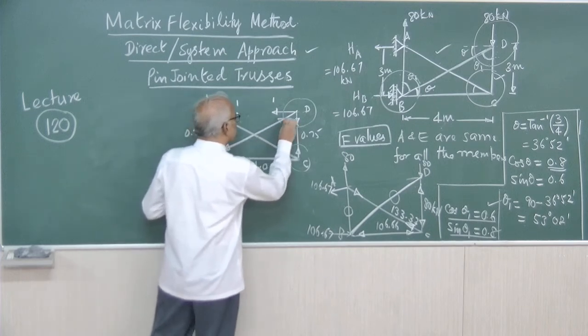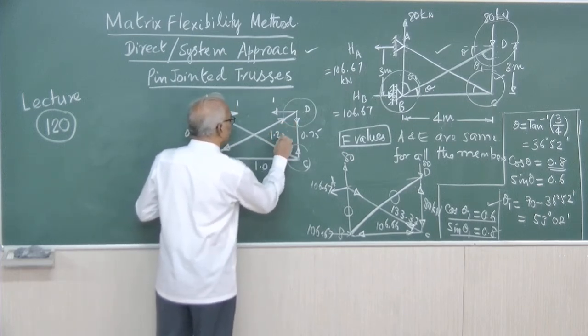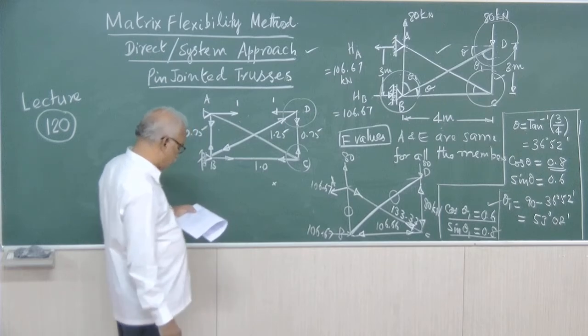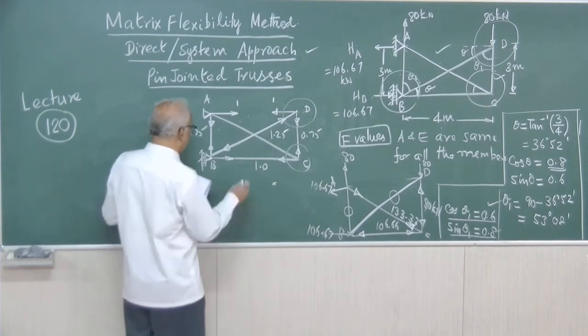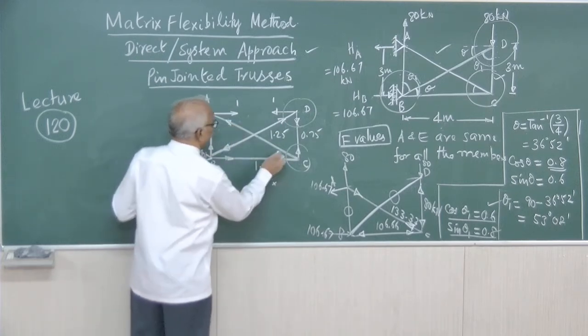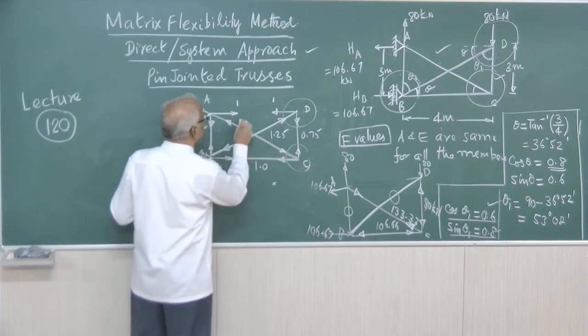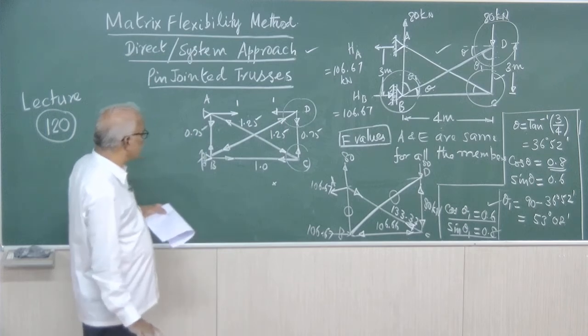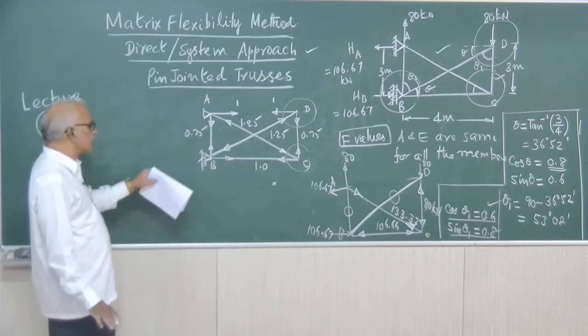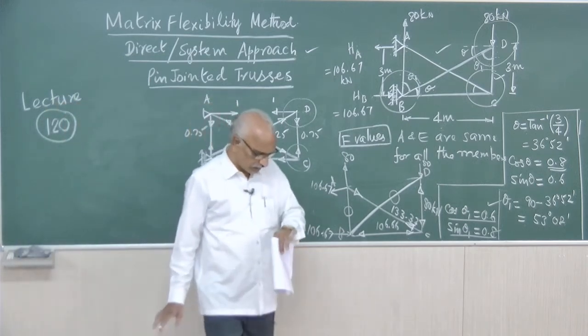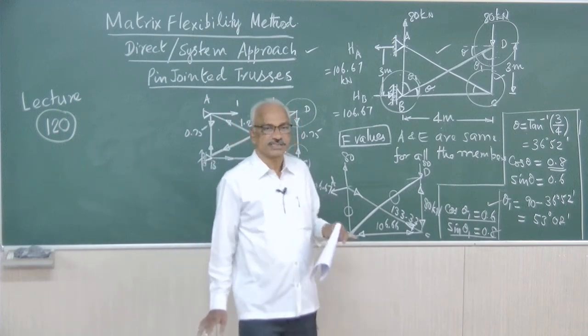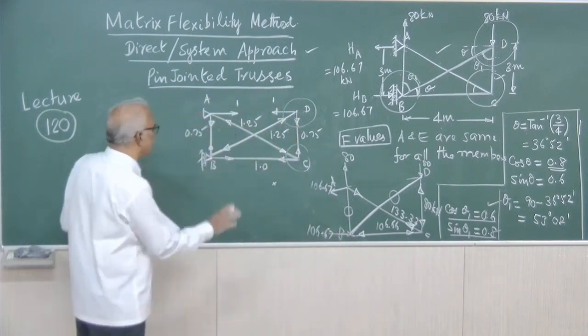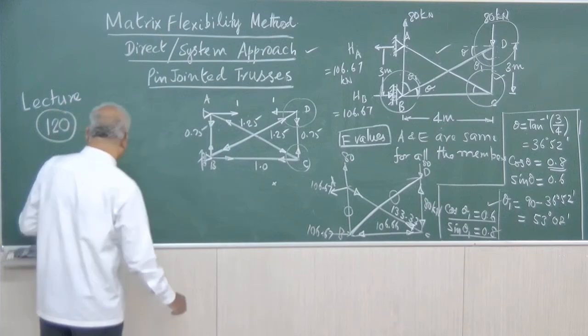This is compression 1.25. This is again compression 1.25. I think we have marked all the forces. Yes, these values can be obtained using method of joints. So that I have skipped. Right. Now that is over.